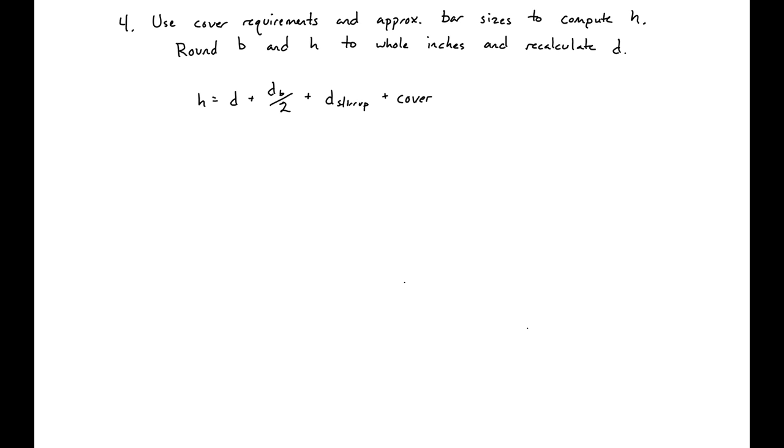So our next step is to use our cover requirements and approximate bar sizes to compute our H and then our B. And then we're going to round our section to whole inches. So we're going to first assume that we're going to use number 9 bars for our longitudinal reinforcement, and number 4 bars for our stirrups.